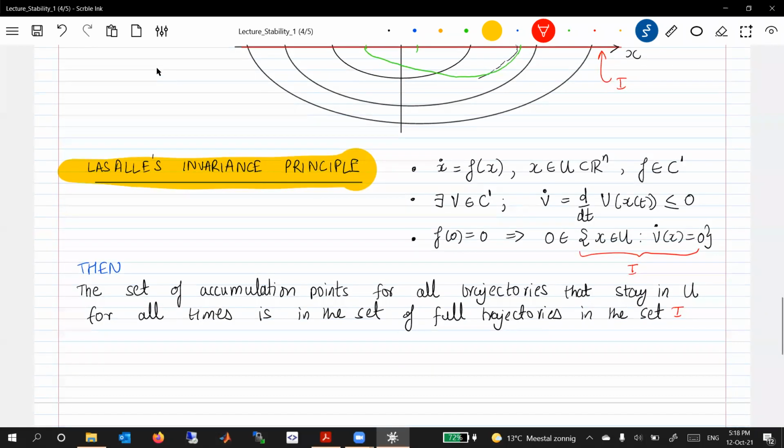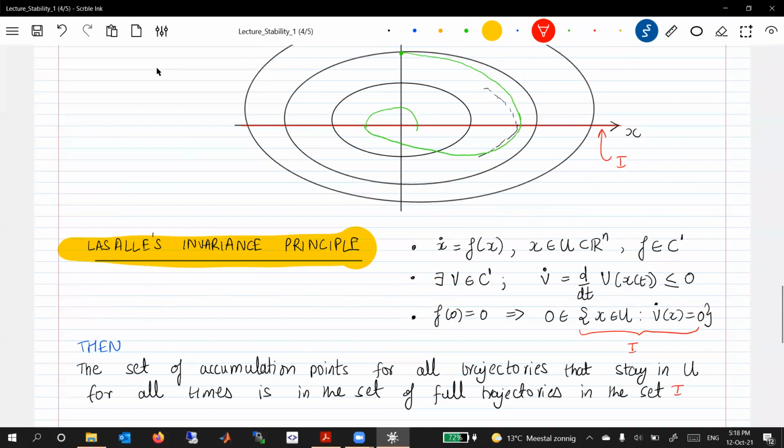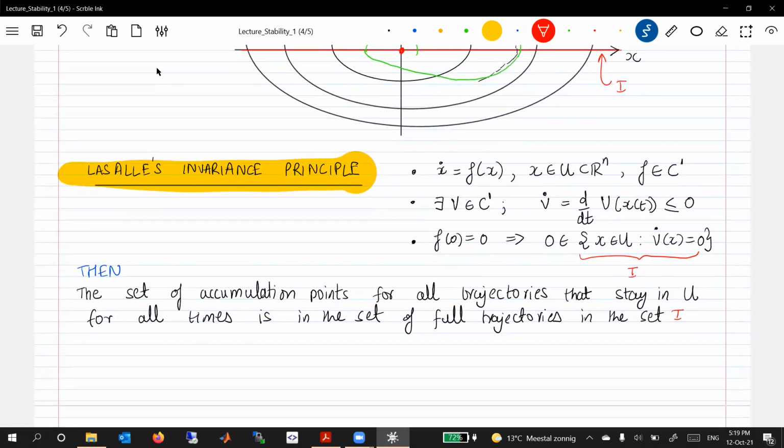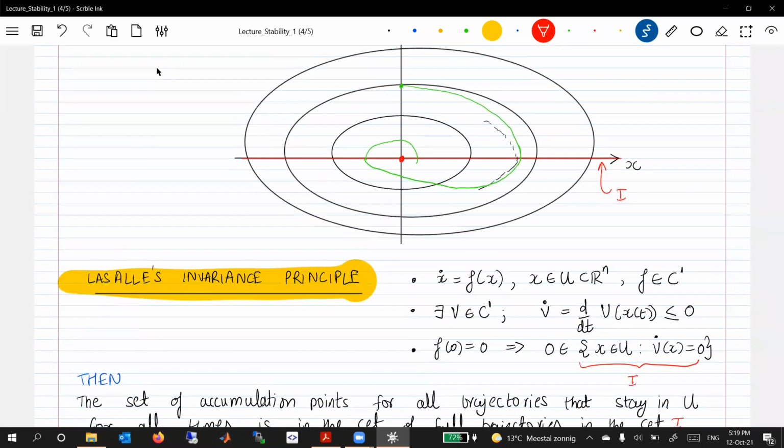We also know that it has a fixed point, and the fixed point itself is lying on this set. The fixed point is the origin, and it is lying in this set I. In that case, we know that the accumulation points of all trajectories that stay in U for all times would eventually be leading to the set of full trajectories in this set I.